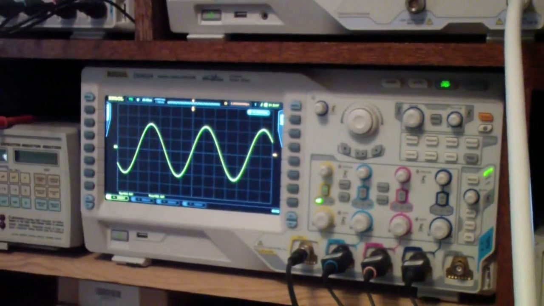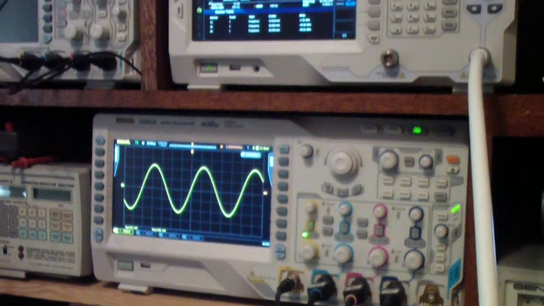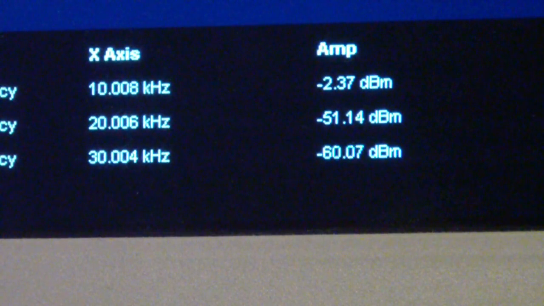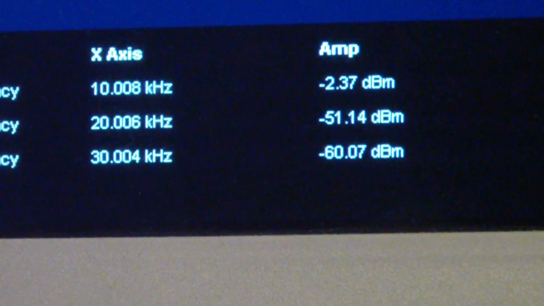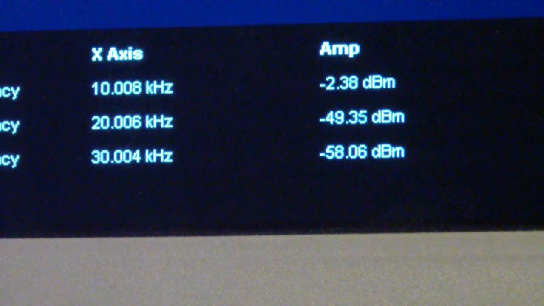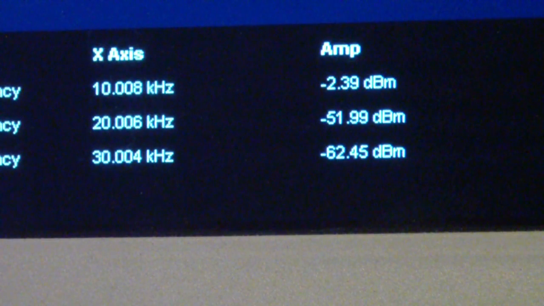So now let's look over here at the results on the spectrum analyzer, and you see remarkably consistent results: -2.23 dBm, -2.3 dBm on the fundamental, -49 or 50, 51, so let's call it -50 on the second harmonic, and -60 or 61 on the third harmonic.